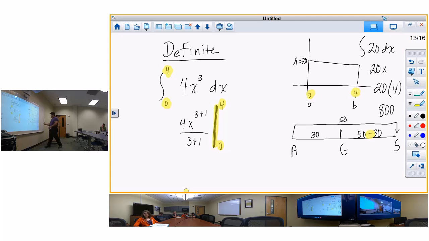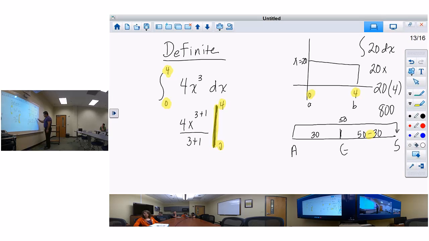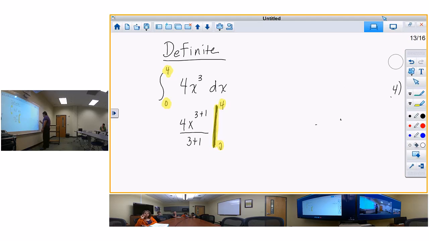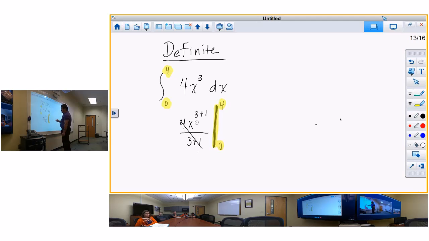So, take this out. The antiderivative that you just found: the 4's cancel and you're left with x to the 4th power. So you're going to evaluate x to the 4th power at 0 and 4.